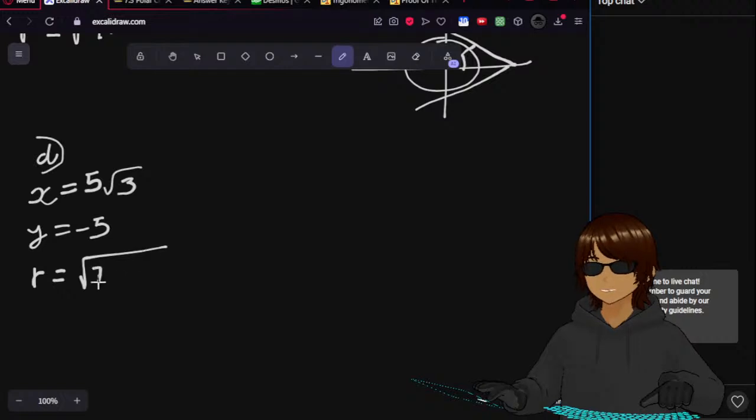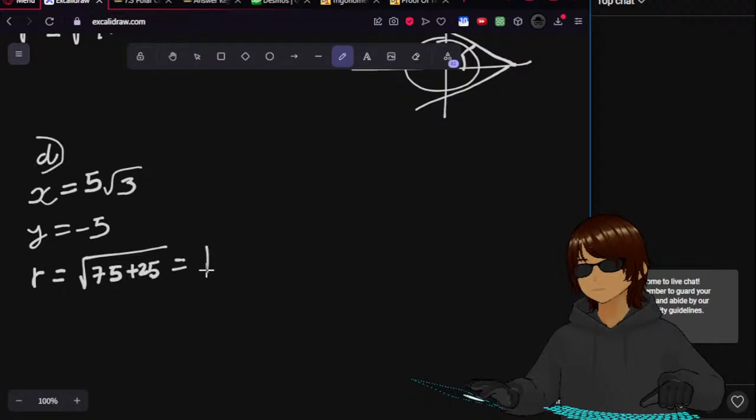Twenty-five times 3 is 75. Plus 25, you get 100, so this is 10.